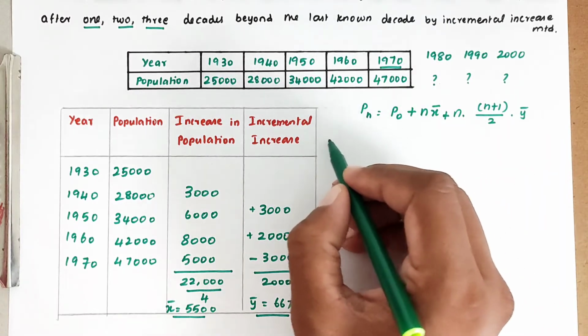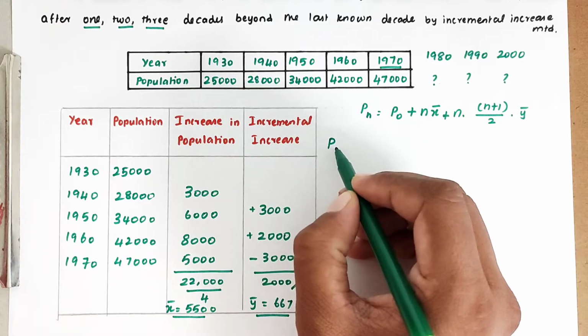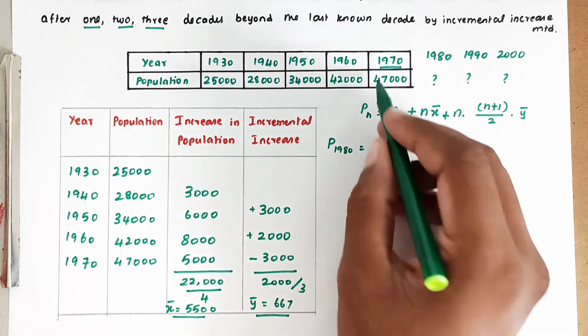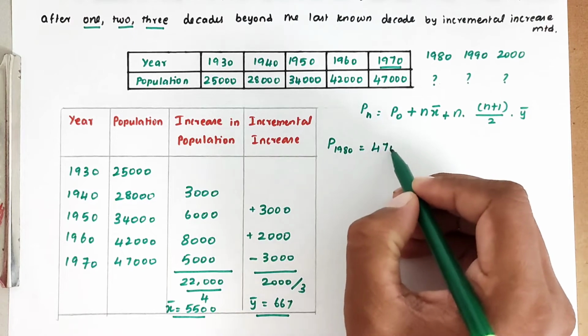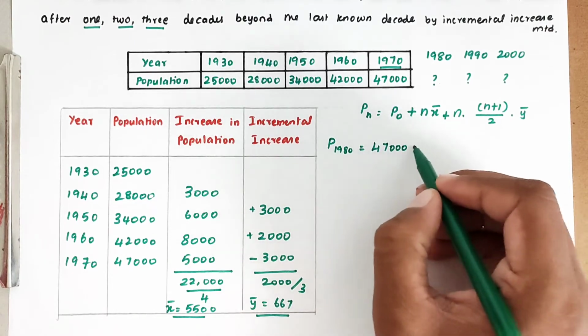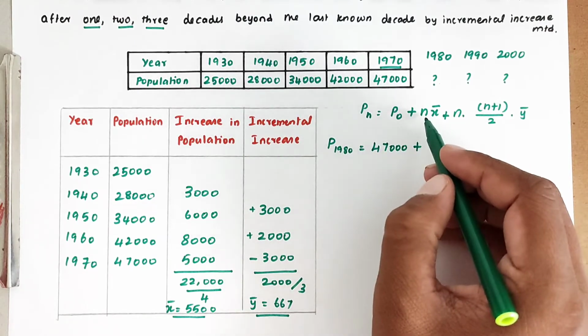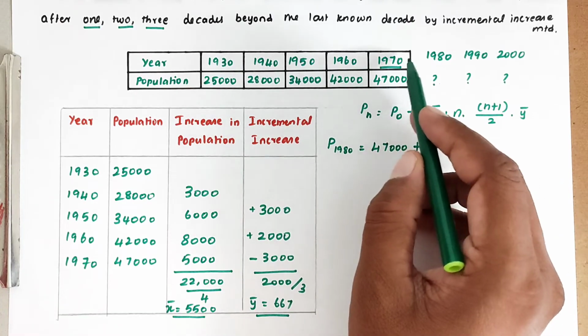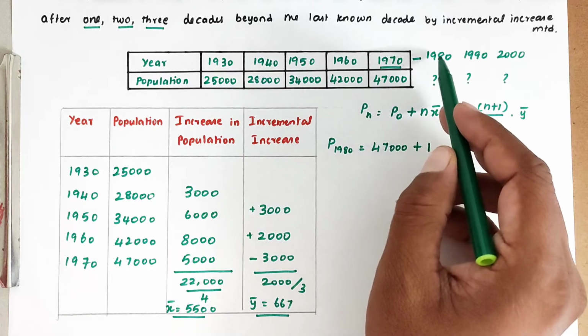Now the population of 1980. P naught is 47,000, the last decade's population, plus n into x bar. The n value is 1, because from 1970 one decade gives 1980.